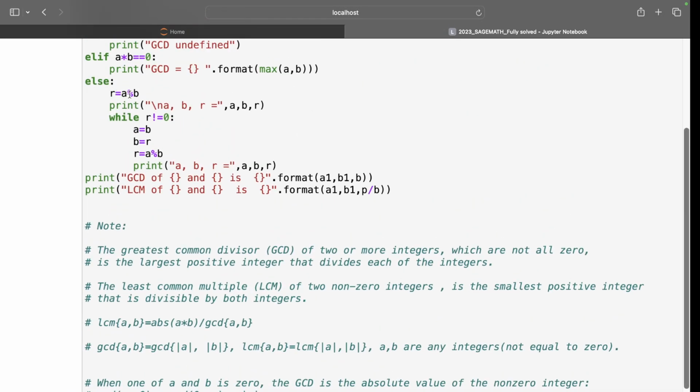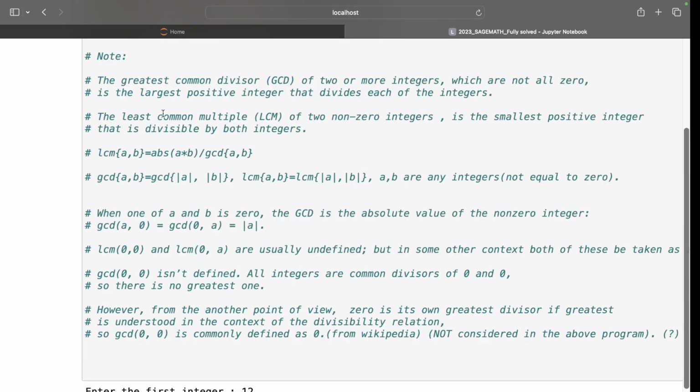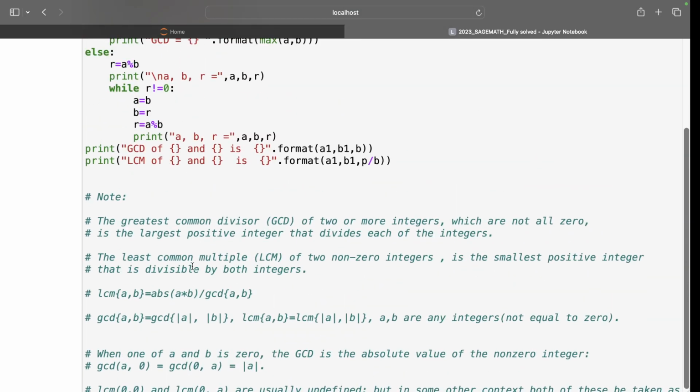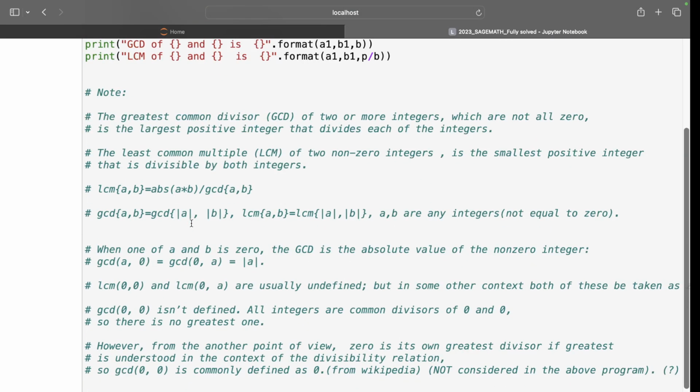In the first step, R equals A modulo B: A is 12, divided by 18, the quotient is 0, so the remainder is 12. And in the next step, A equals B.